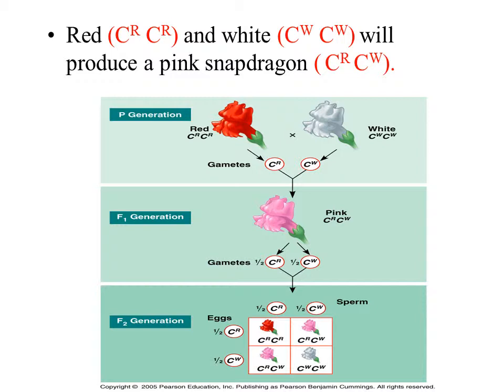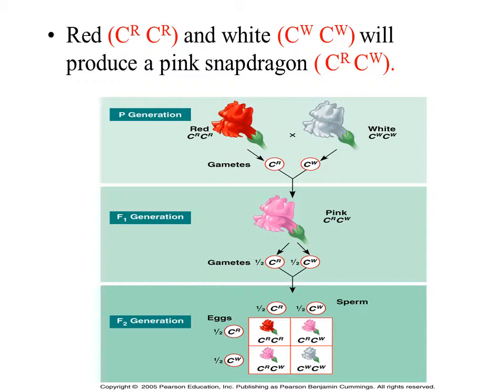Whenever you run across an incomplete dominant genetic cross, please use these big letters with superscripts. They don't have to be the C's with the R's, but it must be an uppercase letter with an uppercase letter in the superscript location.